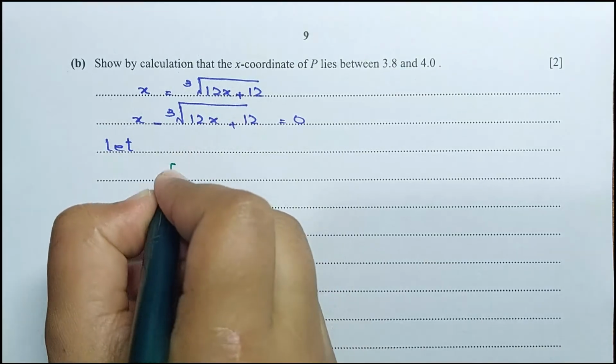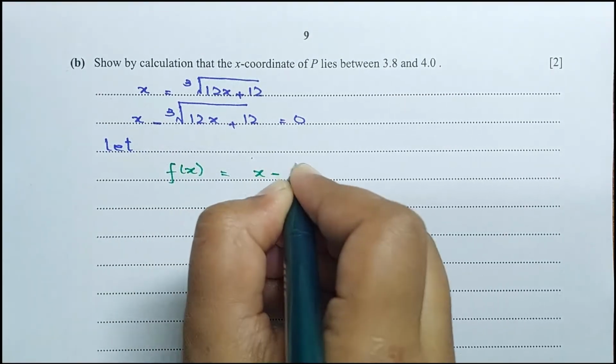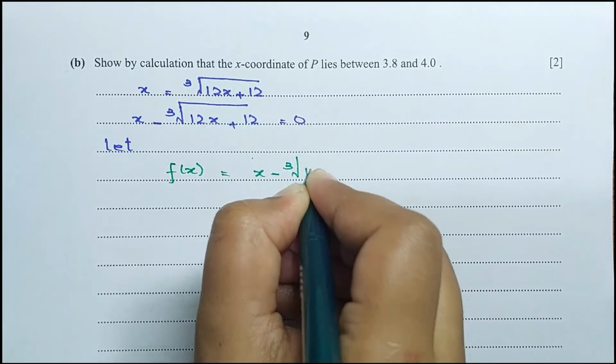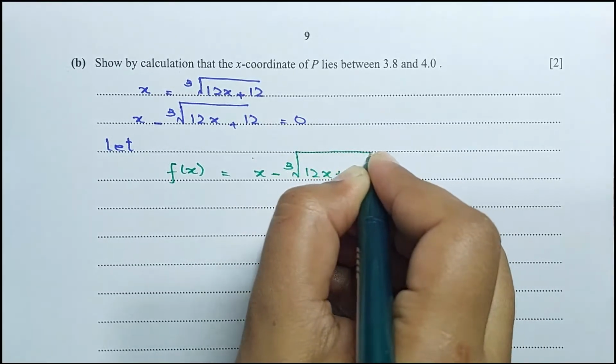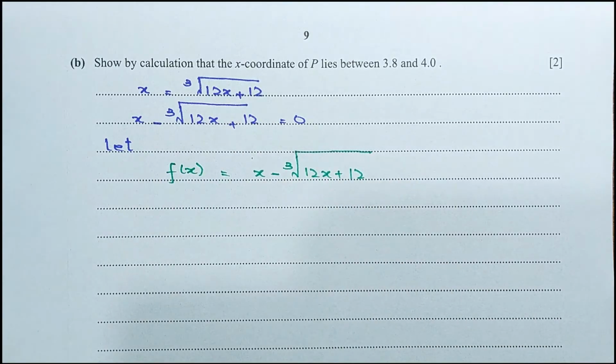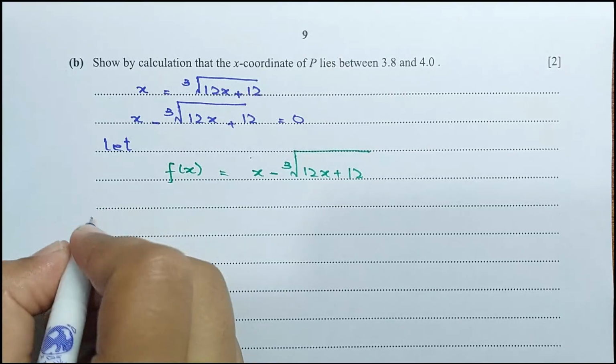So f of x is equal to x minus the cube root of 12x plus 12. This is my f of x. Now let me find f of 3.8.